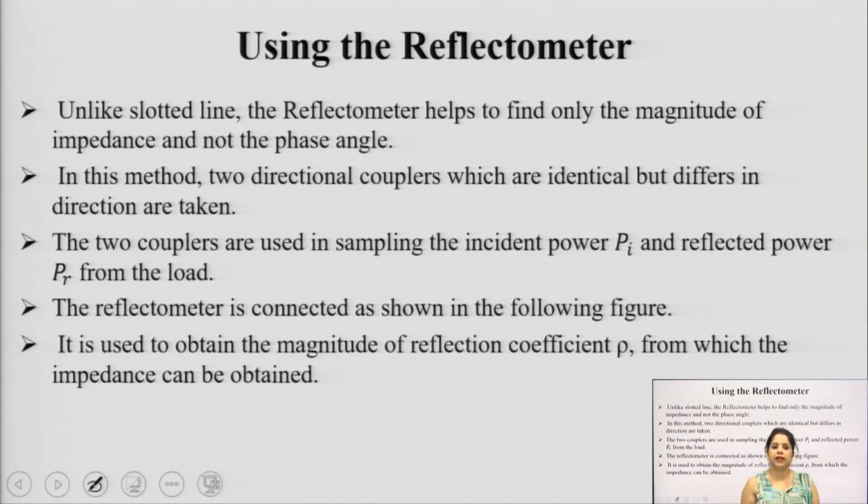Now, the third method for the measurement of the impedance is using the reflectometer. Unlike the slotted line, the reflectometer helps us to find only the magnitude of the impedance and not the phase angle. In this method, we are going to use two directional couplers which are identical, but directions are different.